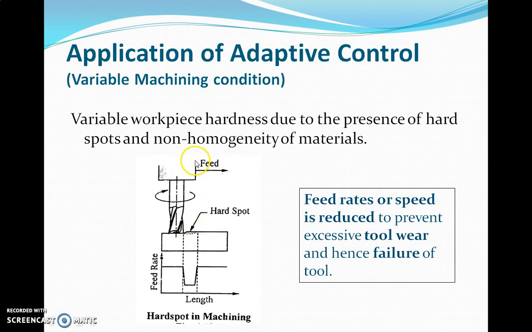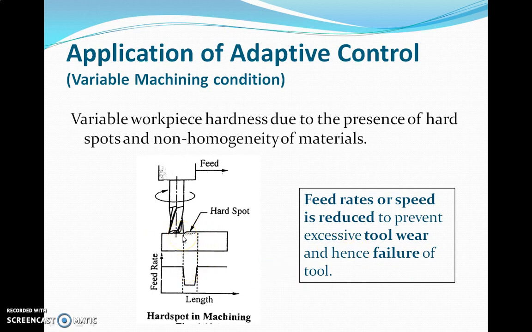Of course you know that hard spots come because of material non-homogeneity. So during the manufacturing of the raw material, these things can come into picture. But while machining, if such things come into picture, we need to make sure that the feed rates are reduced to prevent excessive tool wear and hence prevent tool failure.